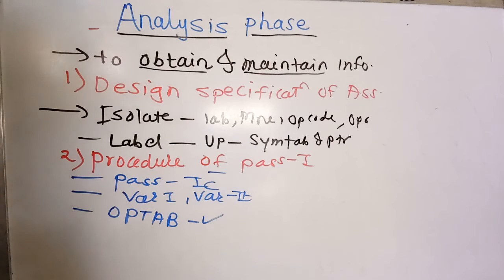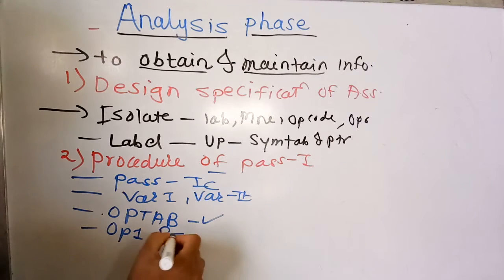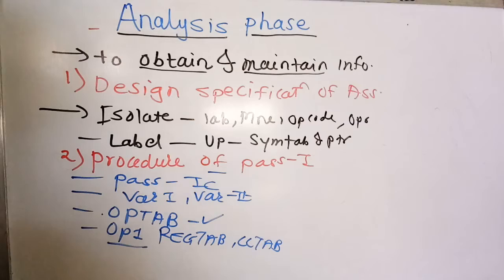The operation code and class of instructions can be found out from this operation table. Then the code of operand 1 can be found out from the register table or the condition code table. As you all know, there are two operands, operand 1 and operand 2. Operand 1's code can be obtained from the register table and condition code table.